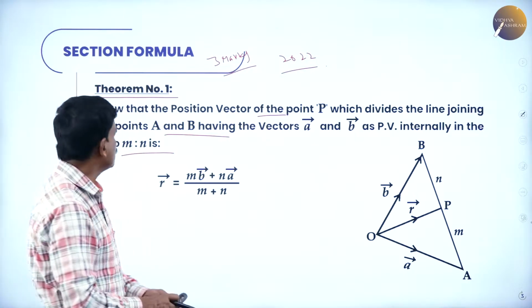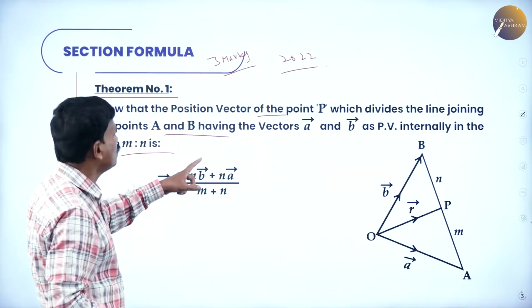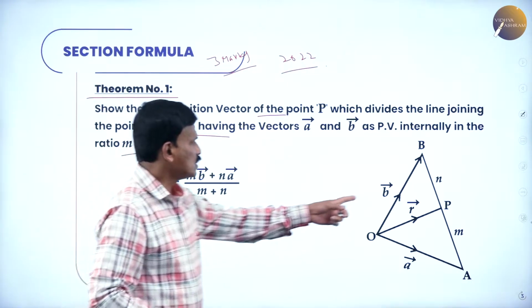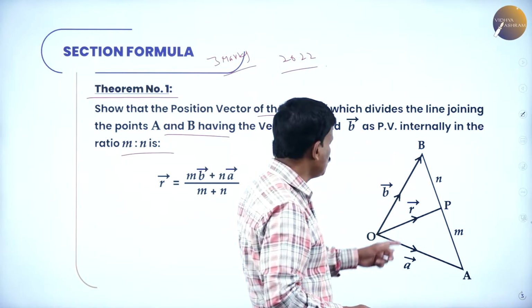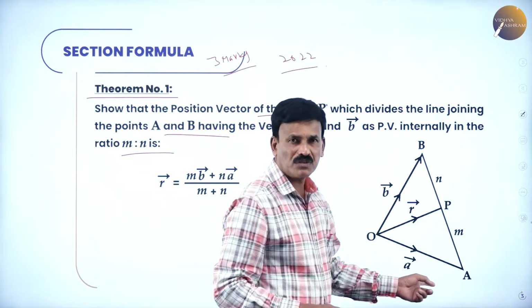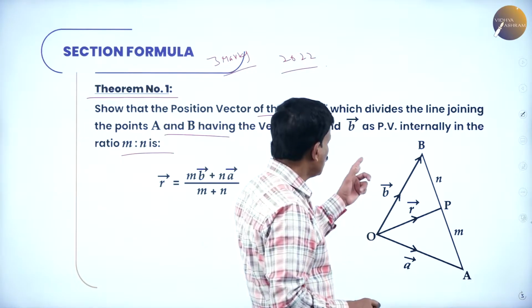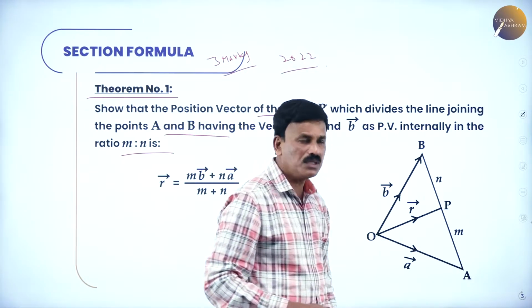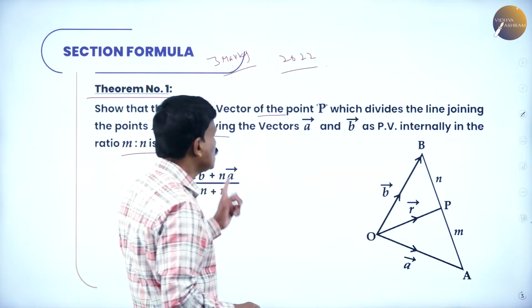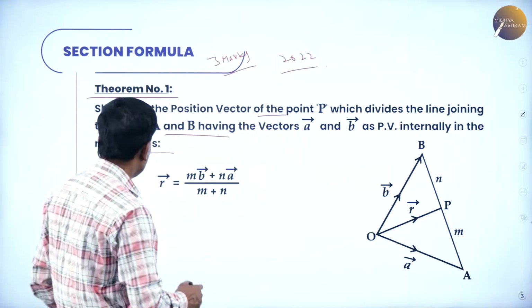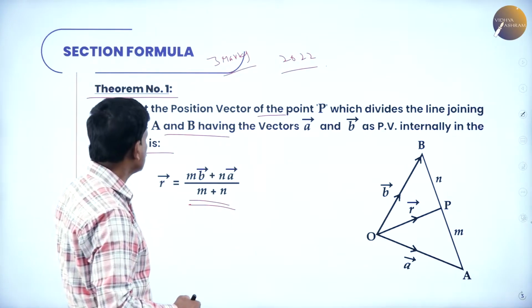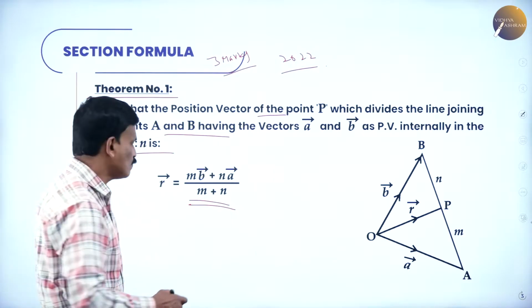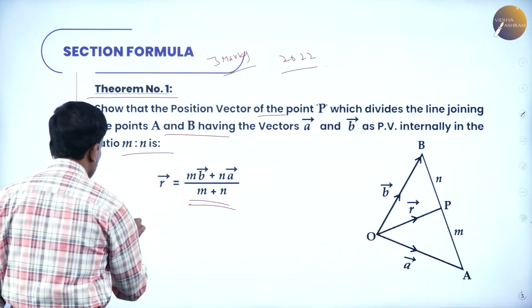Show that the position vector of the point P, which divides the line joining the points A and B, where the position vector of A is vector OA and of B is vector OB, which is vector B, internally in the ratio m is to n, is given by vector R is equal to m into vector B plus n into vector A divided by m plus n. Now let us come to the proof.